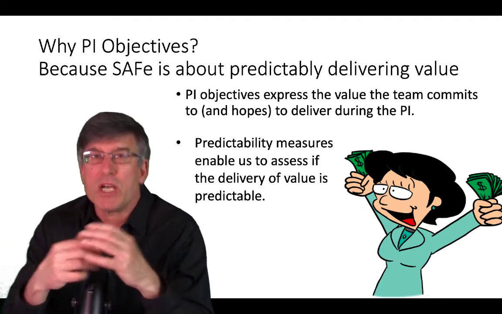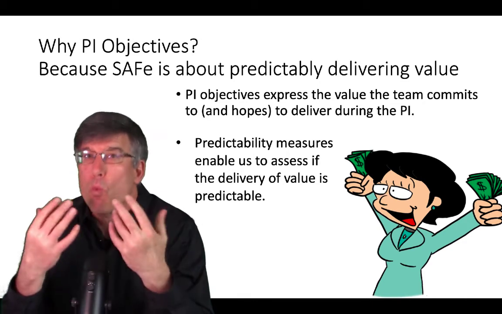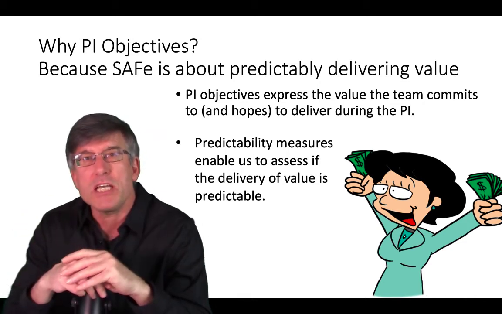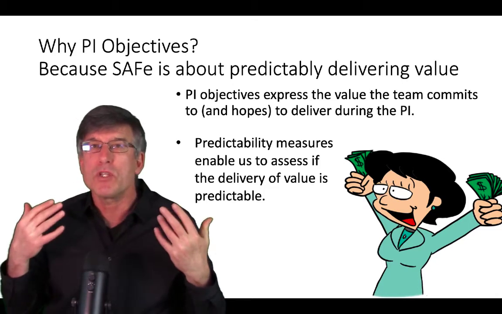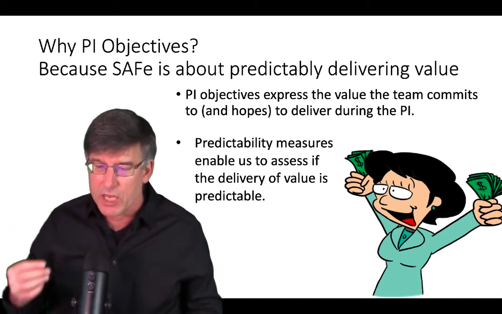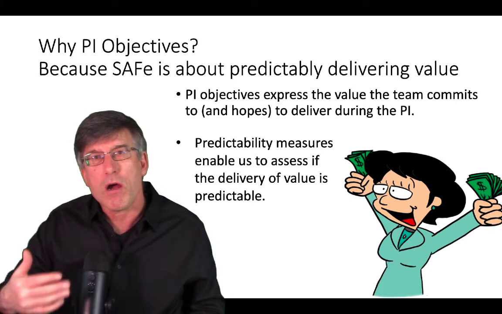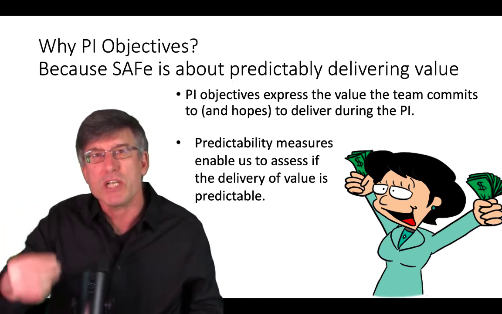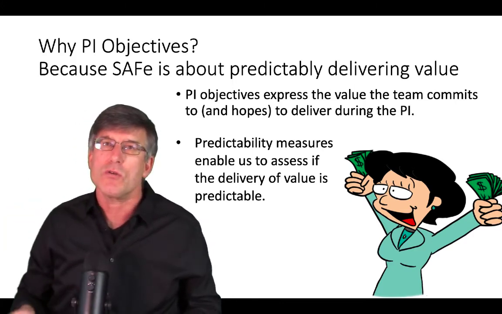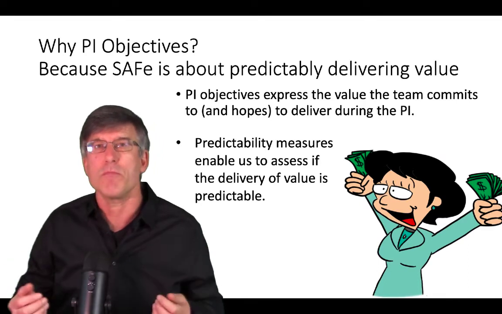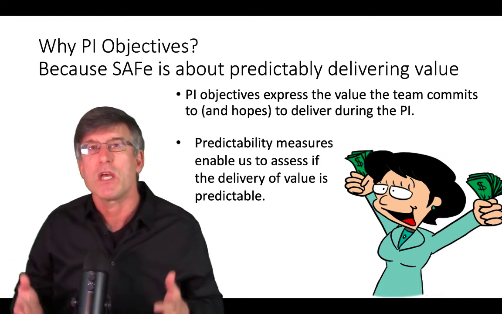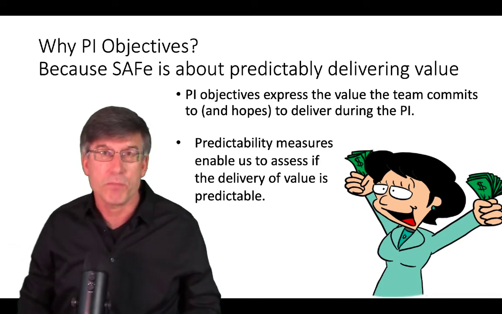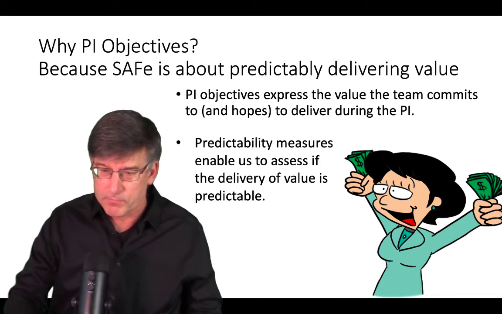The PI objectives capture the value you as a team intend to deliver in a PI, and we are able to then use predictability measures to assess if we are able to predictably deliver that value. So it's really a key element of the benefits of SAFe is using the PI objectives.